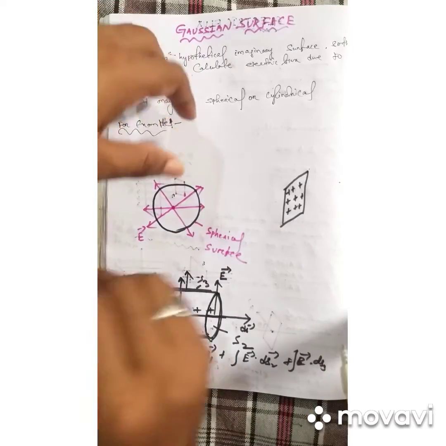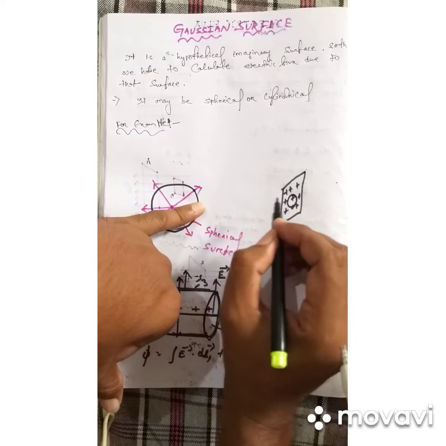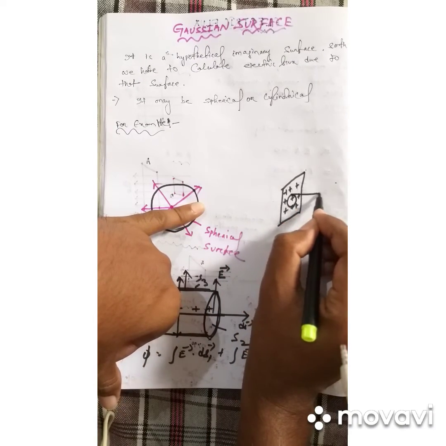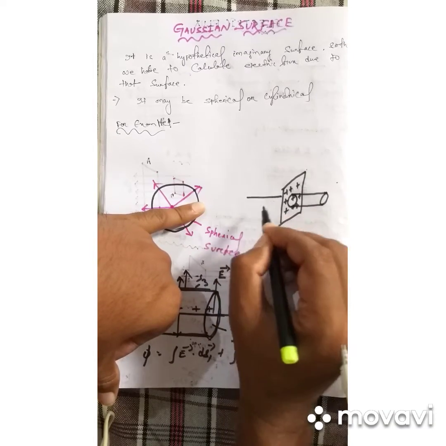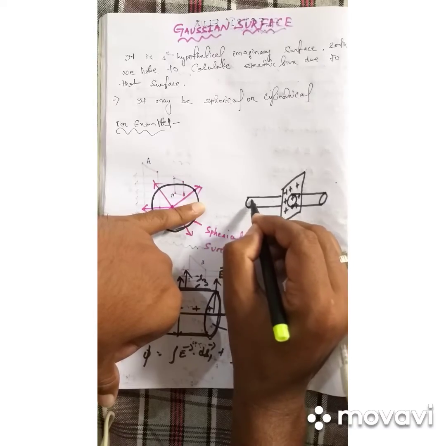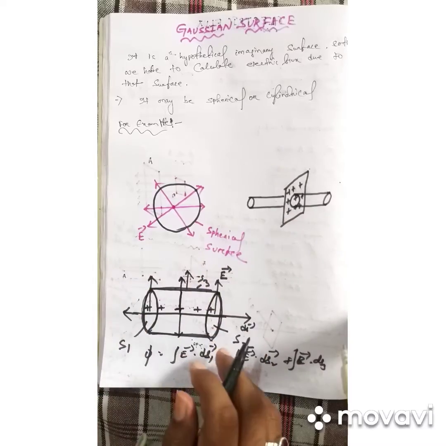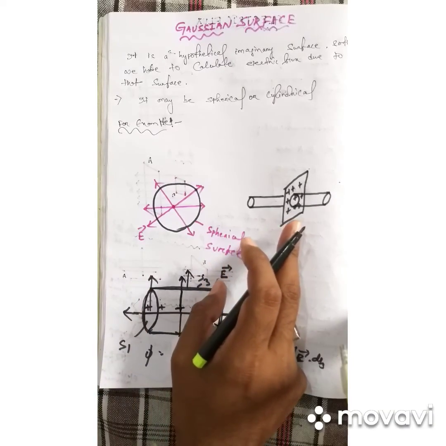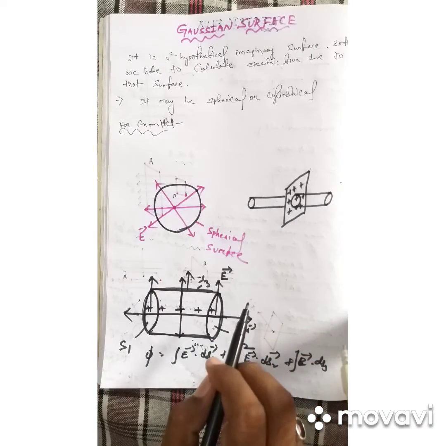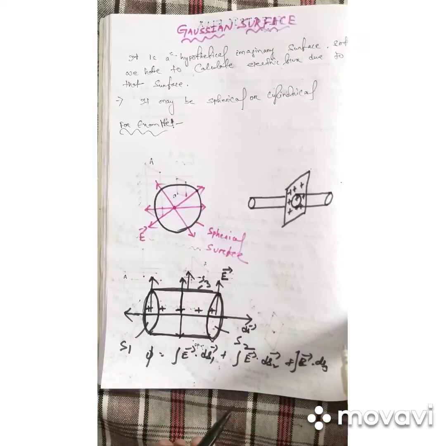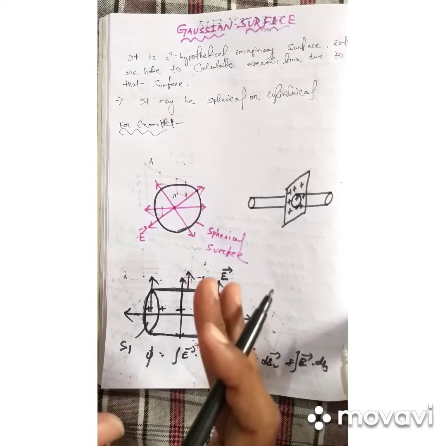So we assume a small region on that surface, and if you represent a cylinder here, the Gaussian surface behaves as a cylindrical surface for calculating the flux from the plane sheet. So for the above considerations, we assume a Gaussian surface for calculating electric flux.